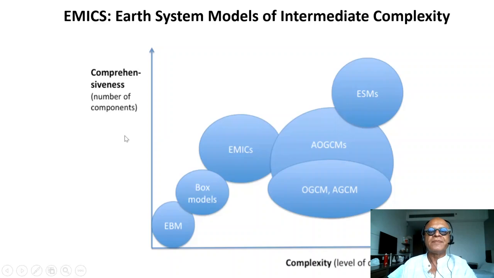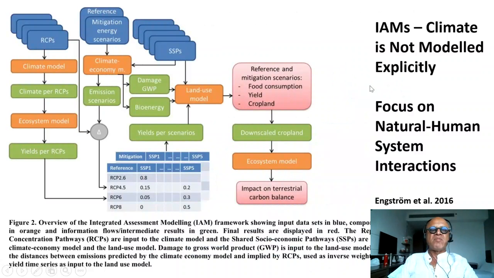Okay. So just to touch on this again, complexity and comprehensiveness: we went from energy budget models, box models, which we didn't talk much about, intermediate models, and all the way up to Earth system models. And the next step of that is something called integrated assessment models. Why are they used?